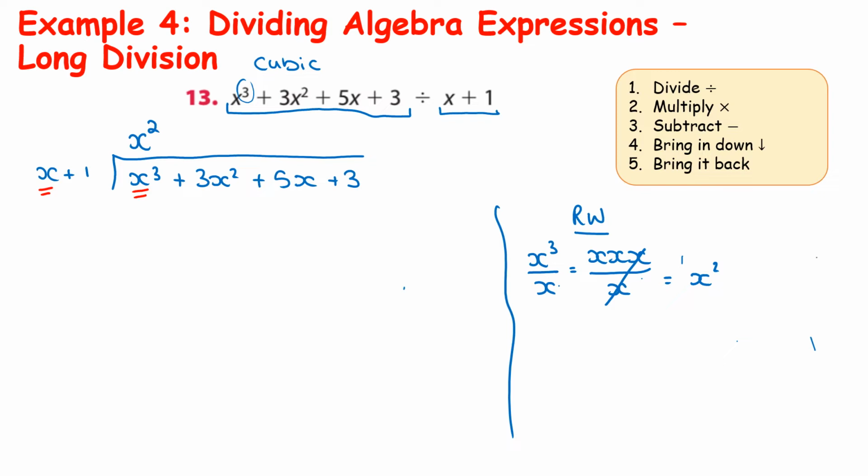So that's my divide. Then I multiply. Remember, when we multiply, we're going to multiply both terms by the x squared. So we do x squared by x and x squared by plus 1. So what we get is x cubed plus, you can say 1x squared or just x squared, it doesn't matter. That's our multiply.